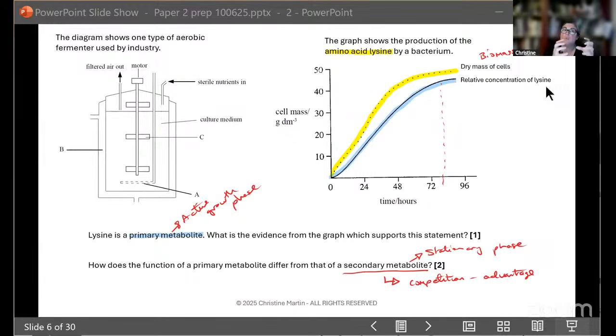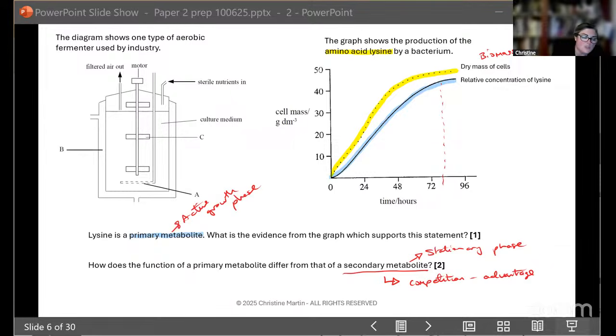Therefore, we would want to use a continuous fermentation process so that we can maintain it at that exponential growth. If we're doing batch fermentation, however, we would want to ensure that we are getting it up to that stationary phase, so we're getting the secondary metabolite.